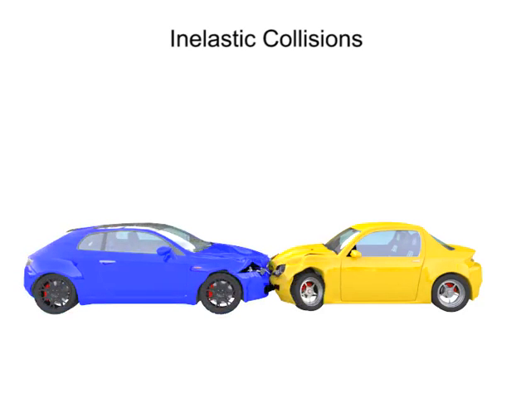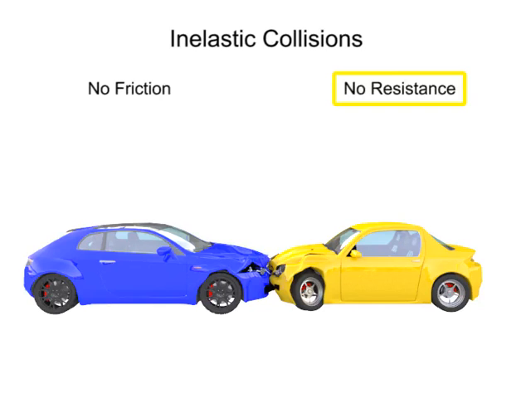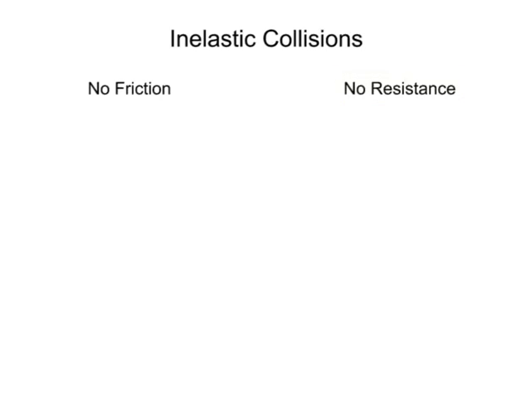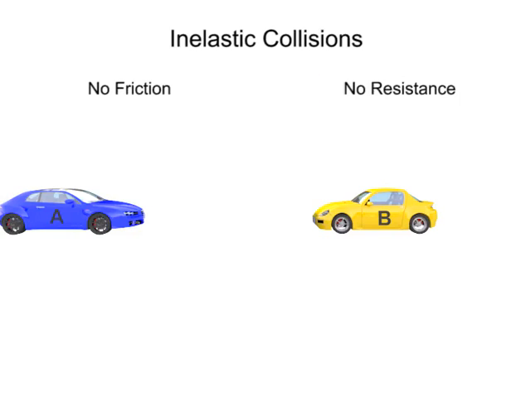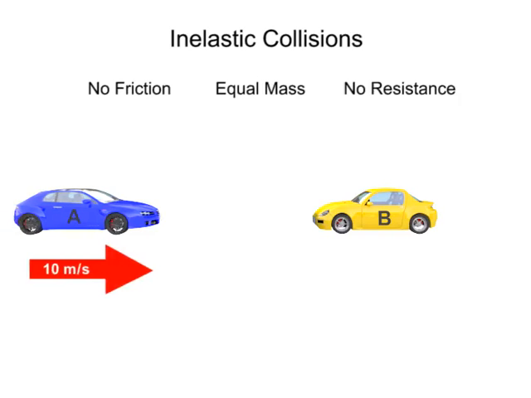In order to understand the conservation of momentum in this example, we'll imagine a car crash taking place in a world where road friction and air resistance have no bearing on the system. Let's take two cars, A and B, with equal mass. Car B is parked when car A plows into it head-on at a velocity of 10 meters per second.